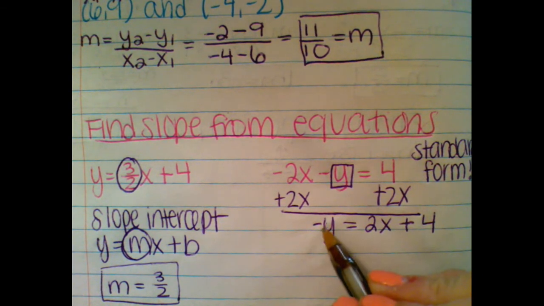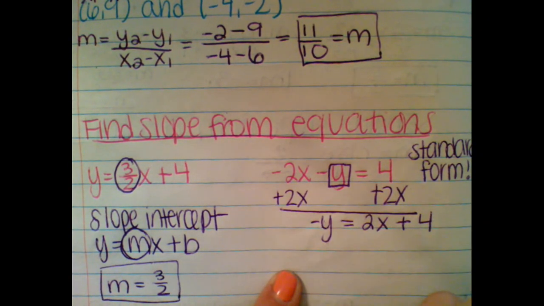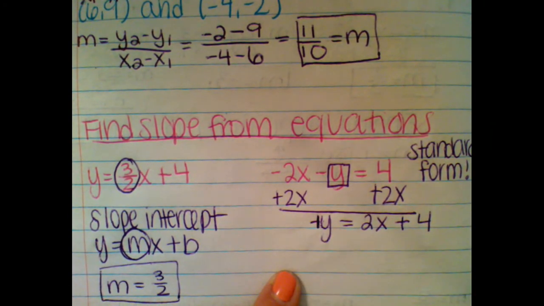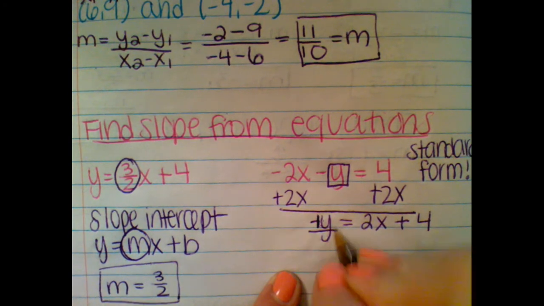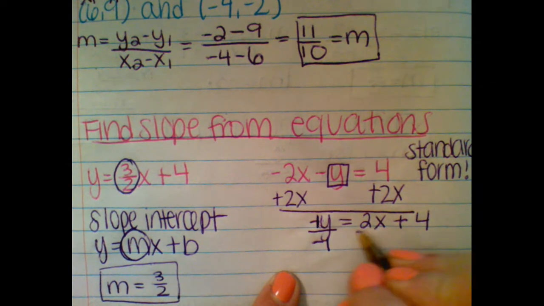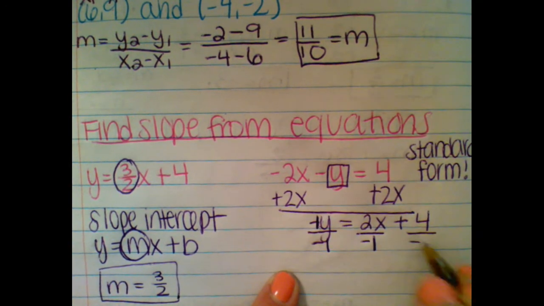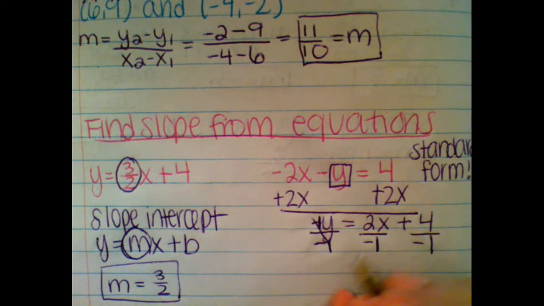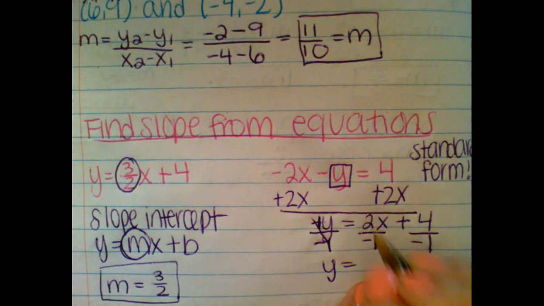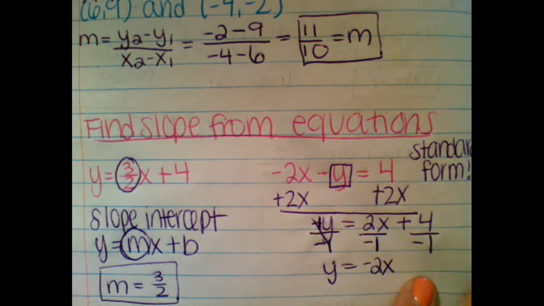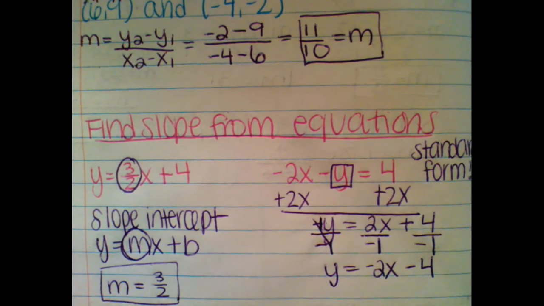The y is almost by itself, but there's a negative in front of it. And remember, I always say, what's the number? It's an imaginary -1. So I have to get rid of the -1 in front, which means I have to divide by -1. And not just this side, I have to do it over here and over here. So these cancel, and I end up with y equals 2 divided by -1 is -2x. 4 divided by -1 is -4.